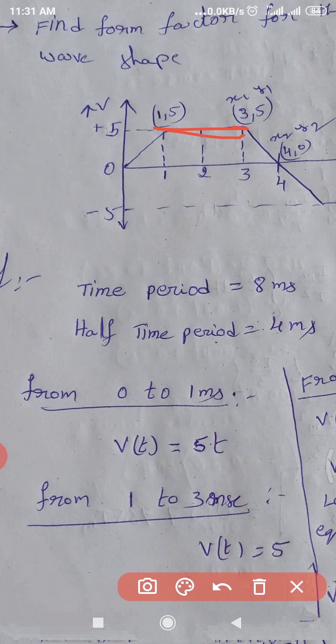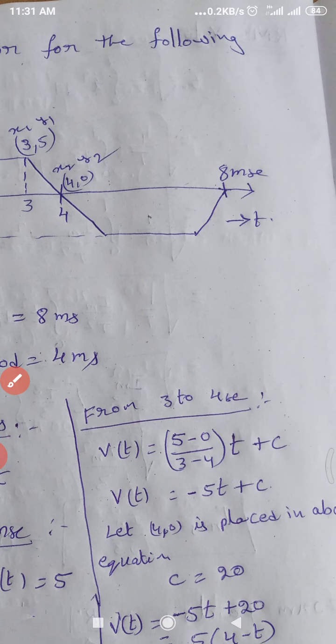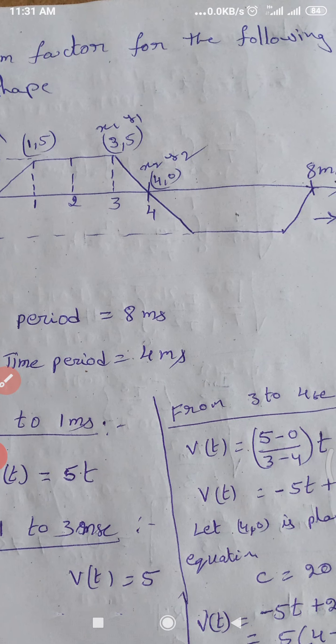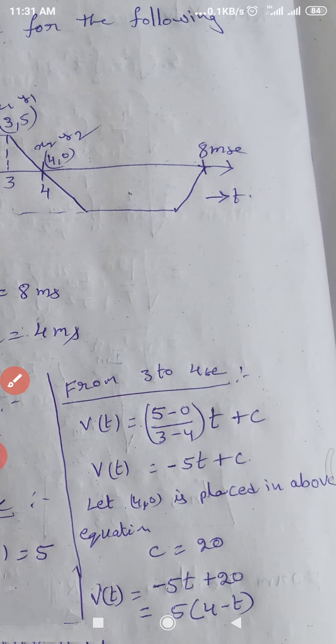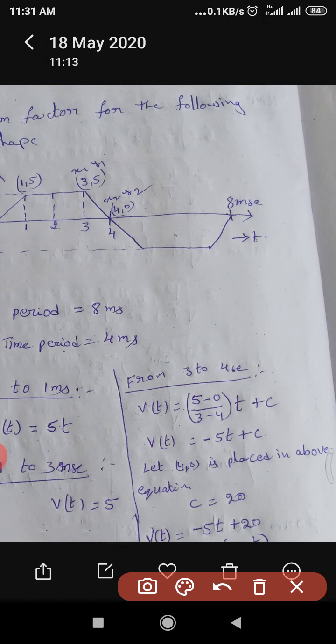So next, after that we have to find out 3 to 4. If you observe this 3 to 4, we have 3 comma 5 as one point and 4 comma 0 as the other point.